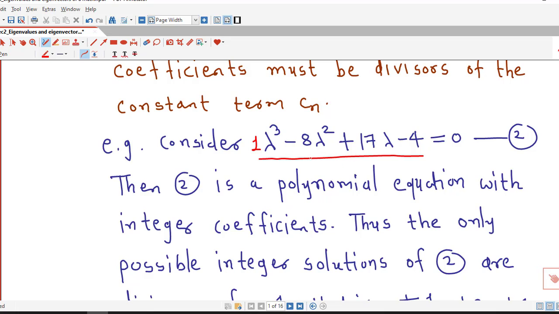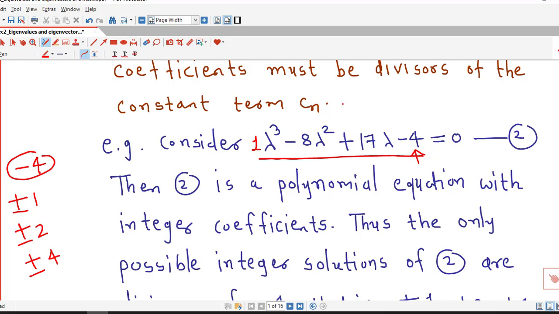So if there is any integer solution to this equation, then it will be a divisor of the constant term, which is minus 4, and the divisors of minus 4 are plus or minus 1, plus or minus 2, and plus or minus 4. So we can put all these divisors one by one.